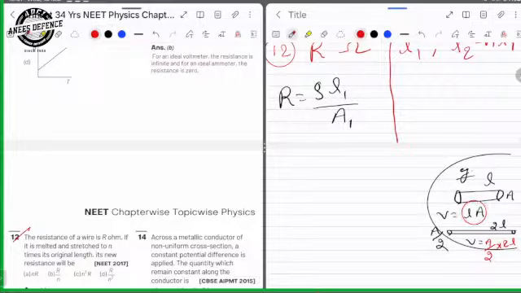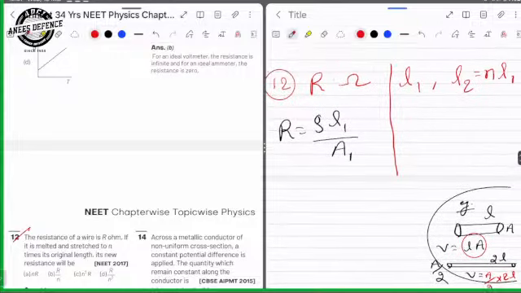Yes or no? So listen, I am giving you a trick. When length becomes twice, area becomes half. Length becomes thrice, area becomes 1/3. Yes or no? So when your length becomes n times, what about area?